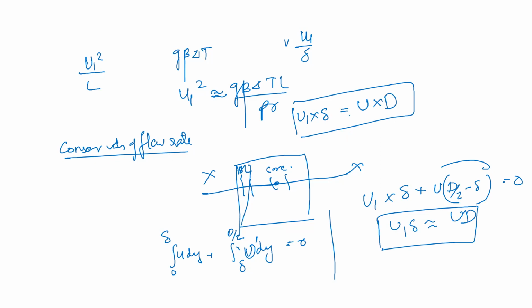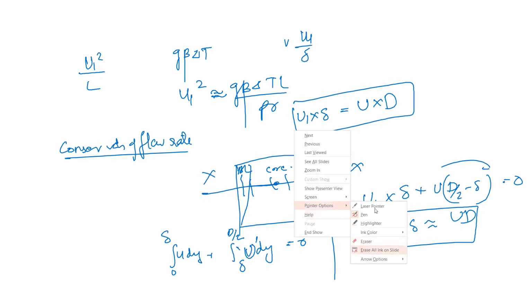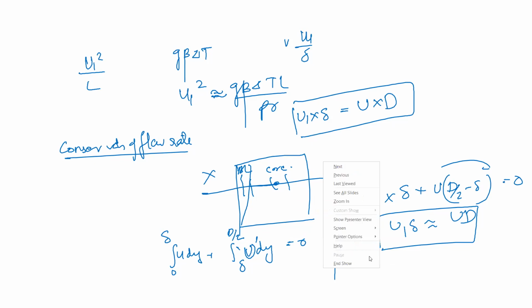Okay, now calculation of characteristic scales. That is the next part. So we just need to characterize the constants. Okay, we're using all these expressions. So we have all these expressions. First expression was U1 scales with alpha L by delta square, right?